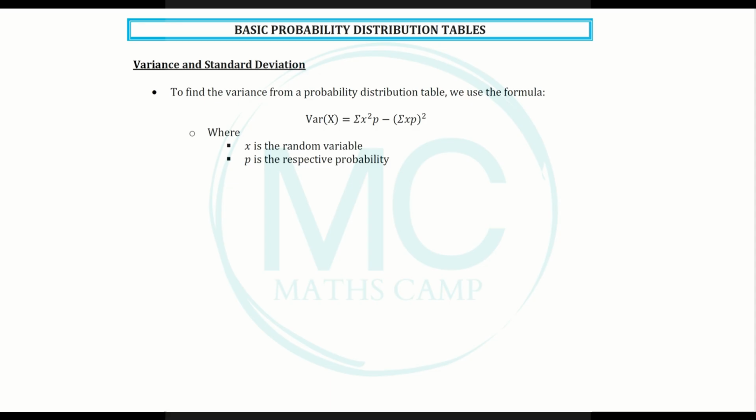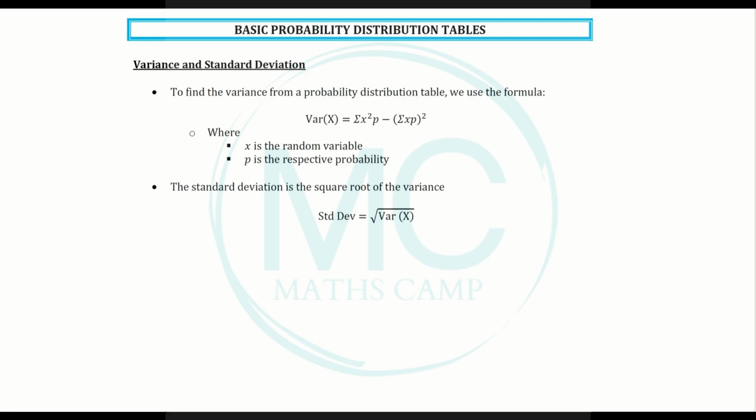Now, this formula may look complicated, but it is actually quite simple. We find variance in a very similar way as we have in previous sections. Sigma x squared p is the sum of the squared variable multiplied by its respective probability, and (sigma xp) squared is the square of the sum of xp.